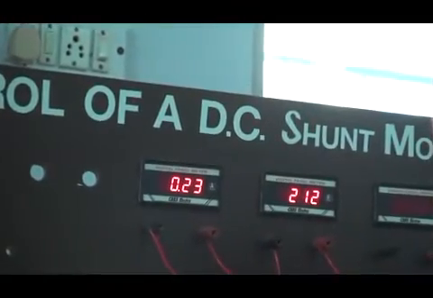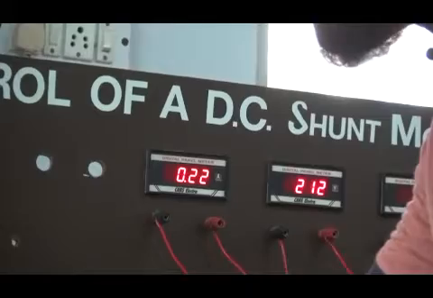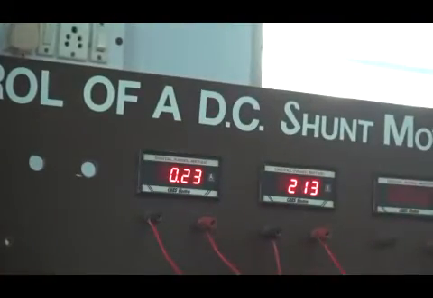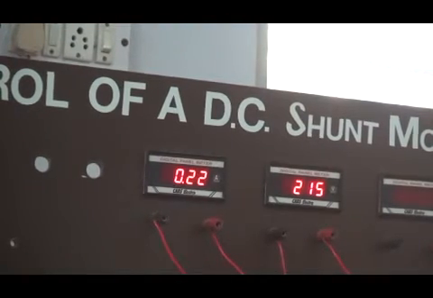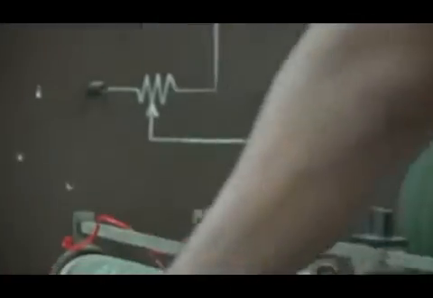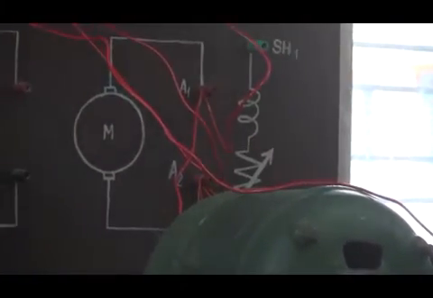It has now come down to approximately 213 volt. Now if we go to the previous position, we shall be taking readings from the initial position. First of all, the armature resistance is set to the minimum value.